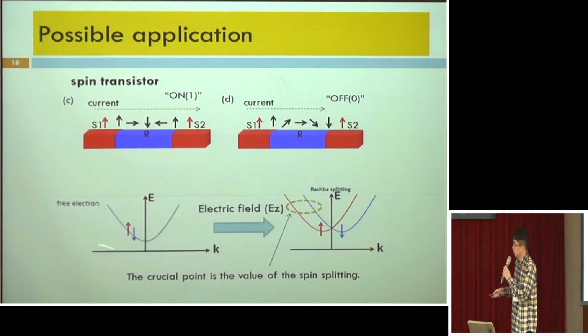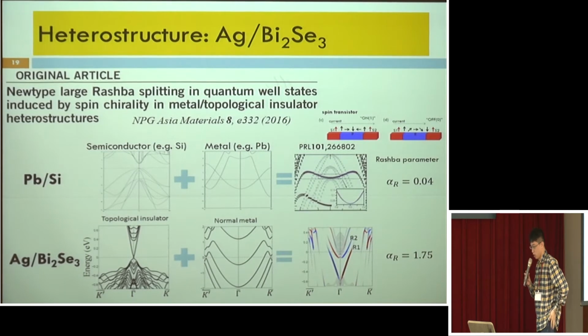So if we want to control, to flip the spin, the splitting value is a crucial point. A larger splitting value can reduce the device size as well as allow use at room temperature. There is a lot of previous work trying to make a large spin-based splitting.